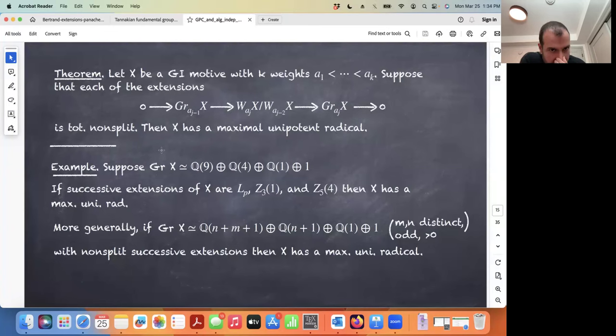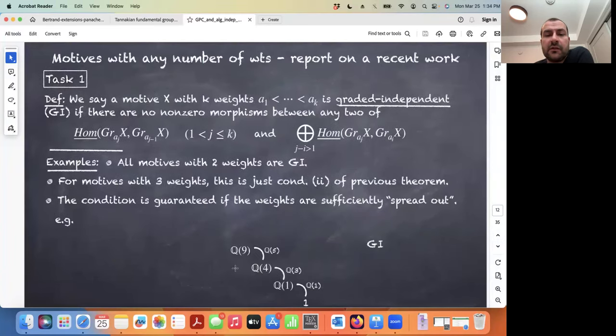Now, an example for this is that if you have 4 weights, and the graded pieces are those. So this is related to the picture, my first, when these are the graded pieces. So your motive is graded independent.